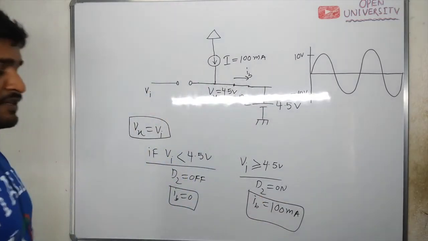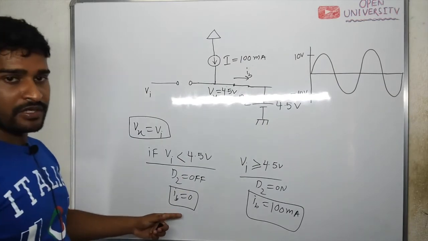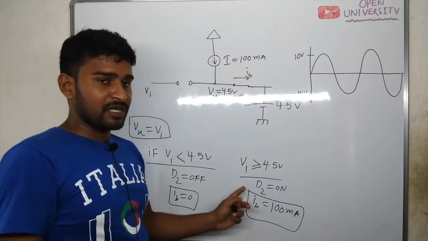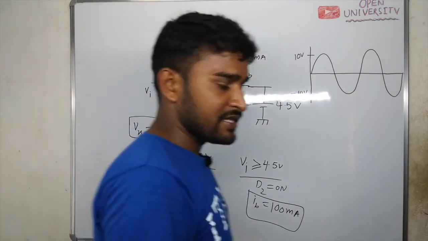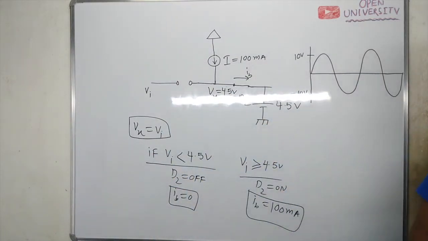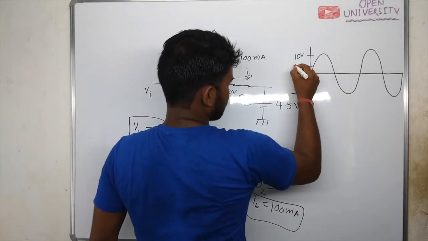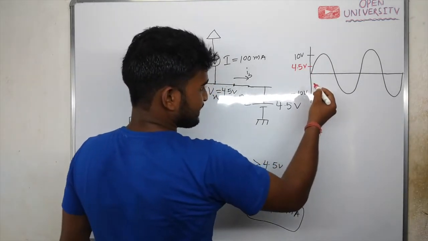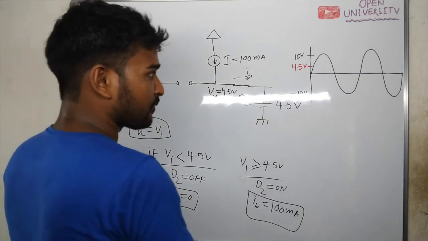This is your instantaneous current. When Vi is less than 4.5 volt, IB is 0. Instantaneous value of current through D2 is 0. And for input voltage greater than or equal to 4.5 volt, IB is 100 milliampere. You can plot this instantaneous current waveform. See, this is your 4.5 volt. My interest is to plot this instantaneous IB current waveform.